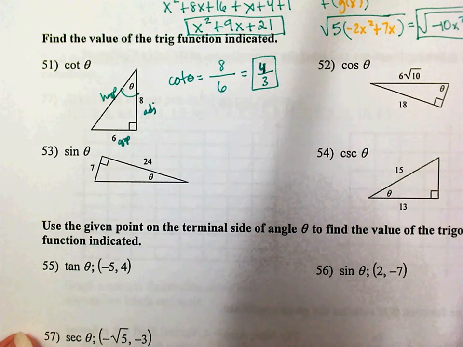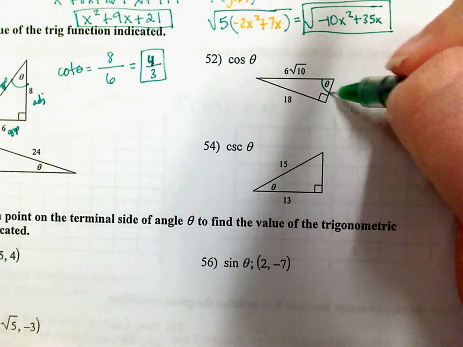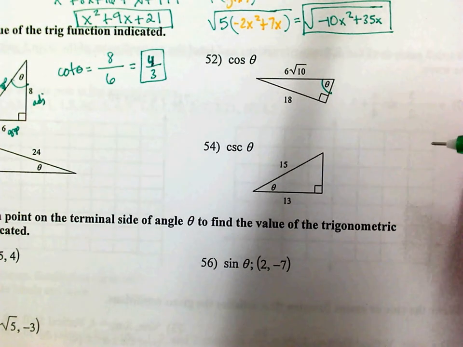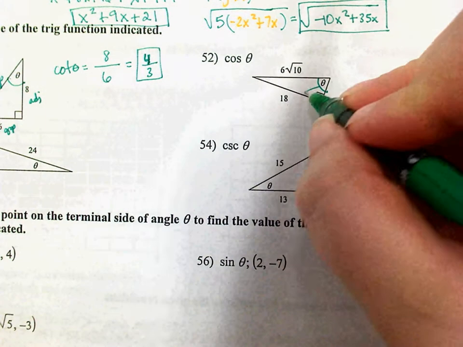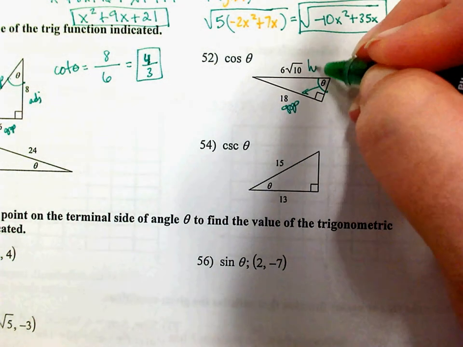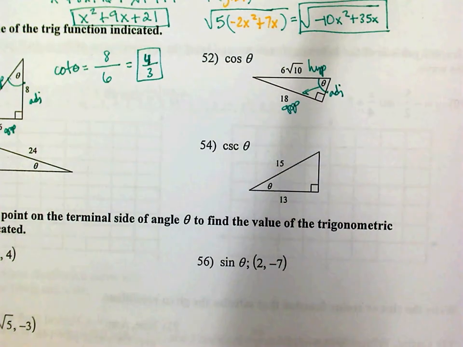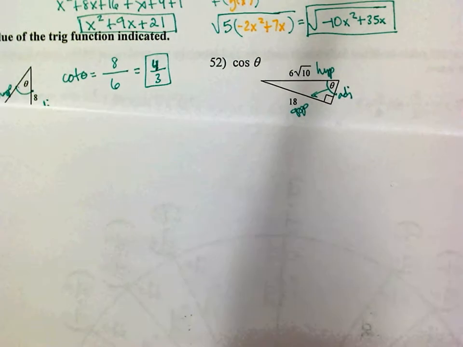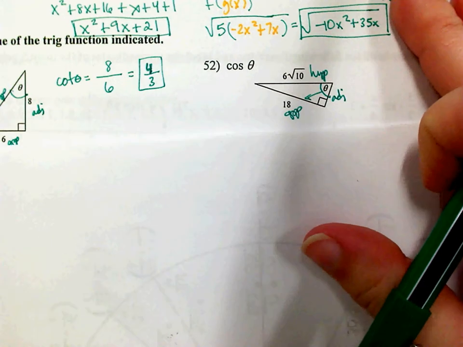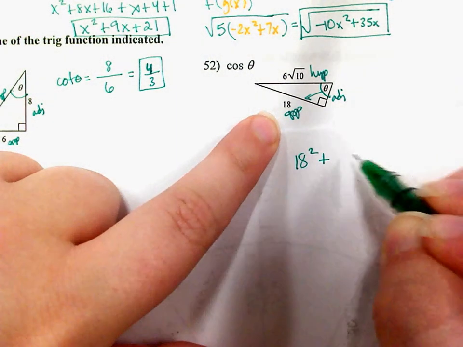Okay, cosine. What do I have in cosine? Do I have opposite, adjacent, and hypotenuse? What do I have? I have opposite. I have what? Hypotenuse. What do I not have? Do I need it? I do for cosine. Okay, so what I know is that a squared plus b squared equals the hypotenuse squared, right?